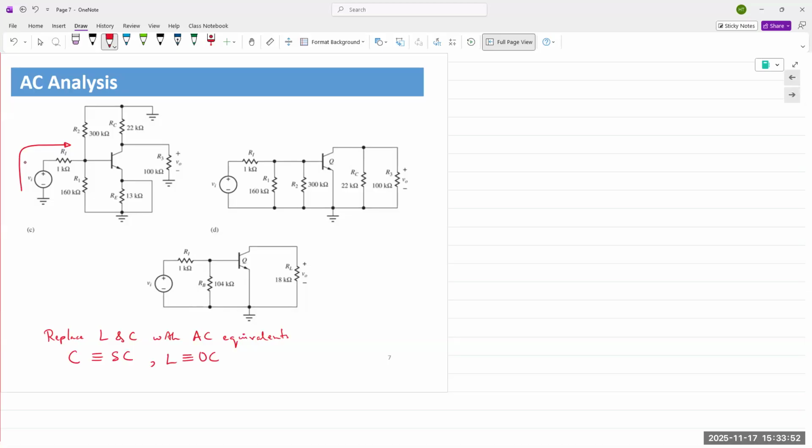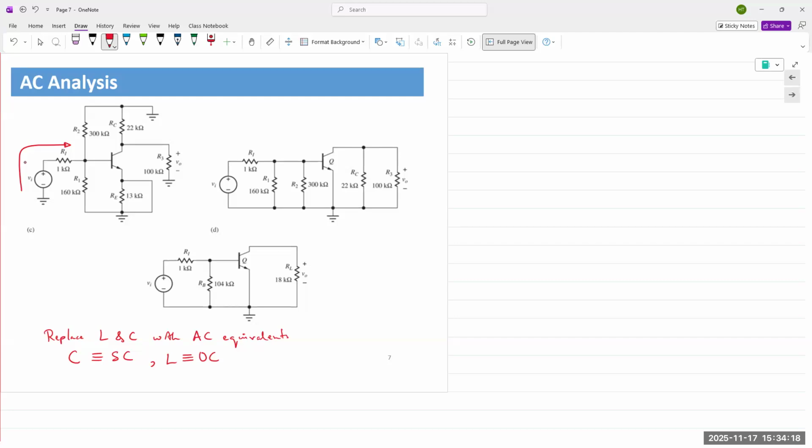All DC sources are also replaced. We reduce them to 0. What does it mean to reduce a voltage source to 0? Well, we don't short the voltage source, but we replace it with, you're right, yes, we replace it with a short circuit. How about a current source? Replace with an open circuit.